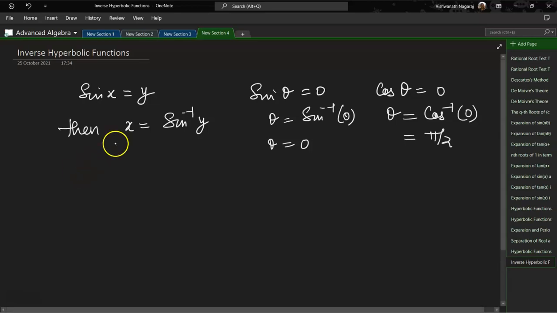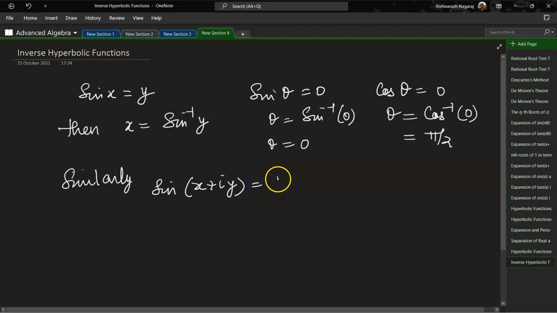Now, instead of just x or y, let's look at complex numbers. Similarly, if we have sine of x plus iy is equal to u plus iv, then in that case we can say x plus iy is equal to sine inverse of u plus iv, right?